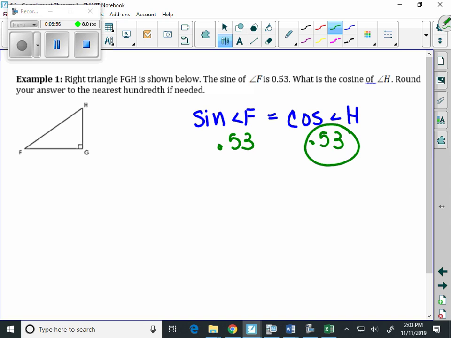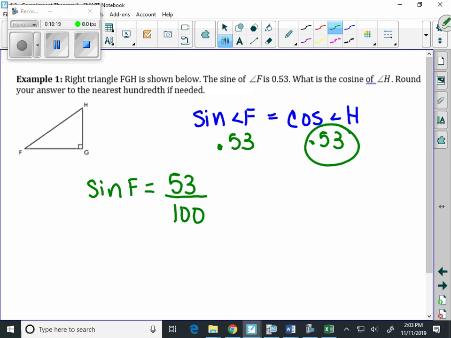But what if you can't remember that when we get put in a testing situation? Well, what we could do is rewrite sine of angle F, instead of a decimal, as a fraction. 0.53 is the same thing as 53 divided by 100.